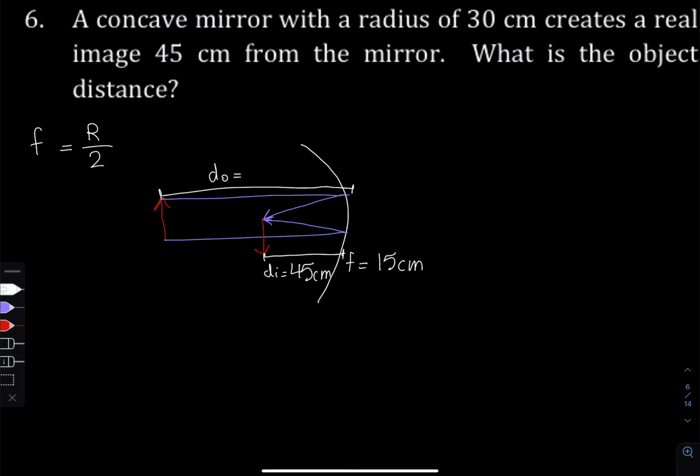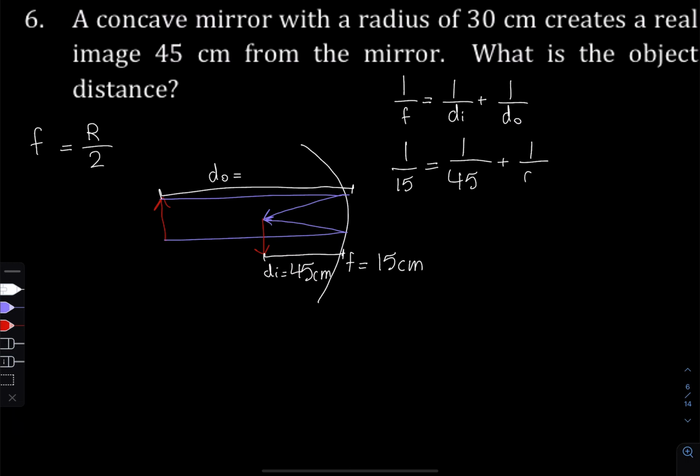And so we're supposed to solve for distance from the object. So they're asking object distance. That's the only one we don't know. So the equation on this is the same for everything, mirrors and lenses combined. So focal length is 15 centimeters. Distance from the image is 45 centimeters, and distance from the object is unknown.